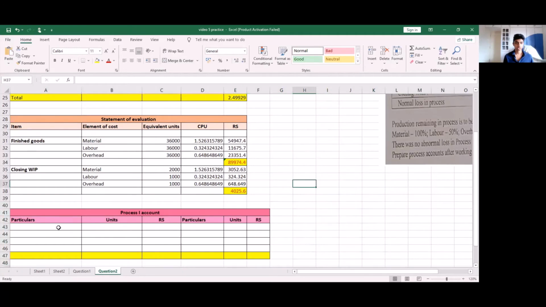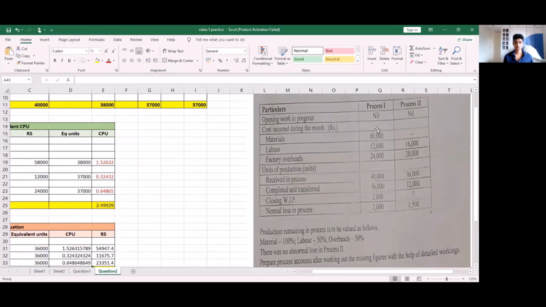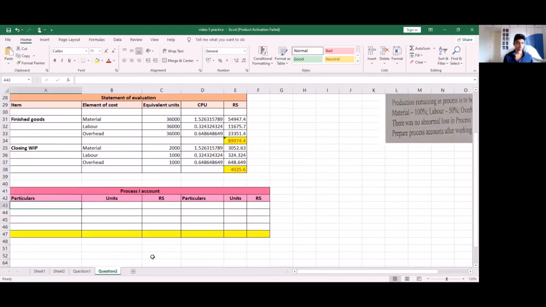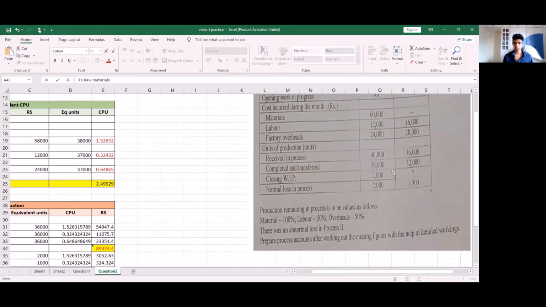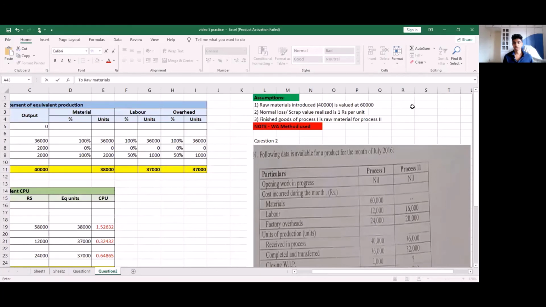Finally, we have our process account for process 1. So in our process account, we don't account for opening work in progress because opening work in progress is nil or 0. So the first thing we start with is raw materials introduced. Our raw materials introduced is 40,000 units valued at an amount of 60,000, as also mentioned in our assumption.